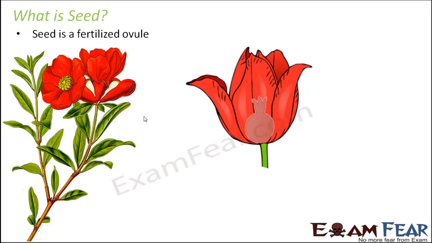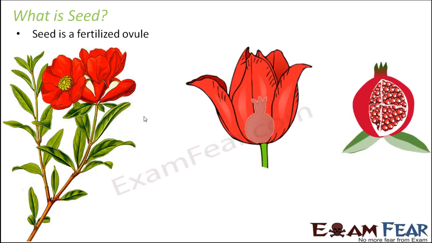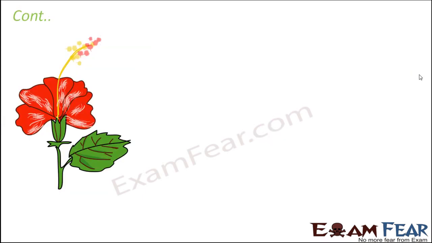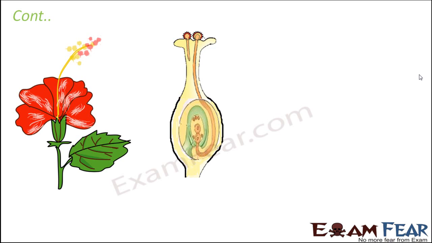So if you talk about a plant, again we take the same example of pomegranate plant. In that flower you will have the ovary, inside the ovary you will have the ovule. After fertilization, the ovary will mature to form the fruit and the ovules will form the seeds. In any flower you will have the carpel, which will consist of the ovary, style and stigma.